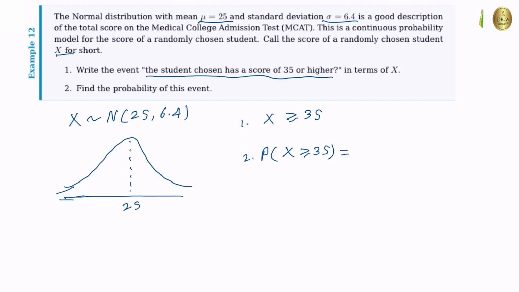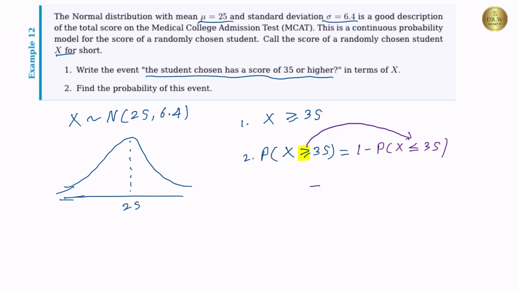When you have greater than or equal, you make this less than or equal, right? 1 minus probability x less than or equal to 35. That is the first step. Greater than or equal, here convert to less than or equal. How do we convert? Always 1 minus probability x less than or equal to that number.